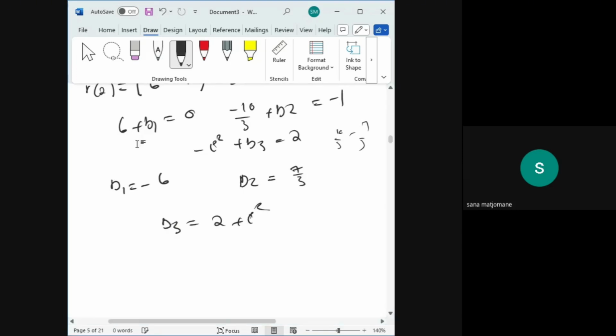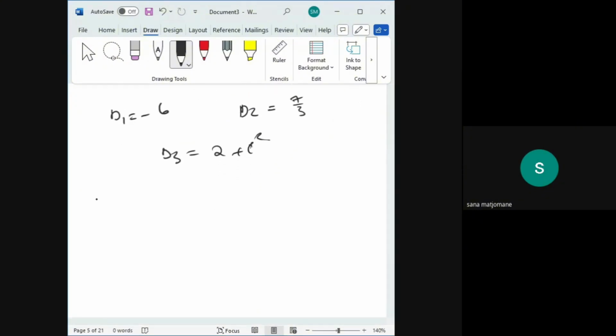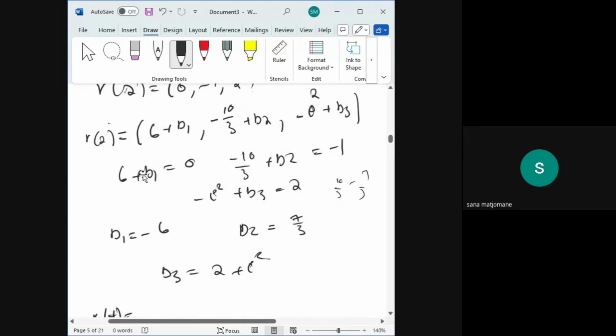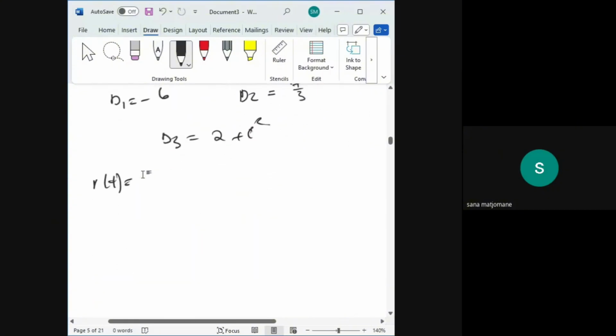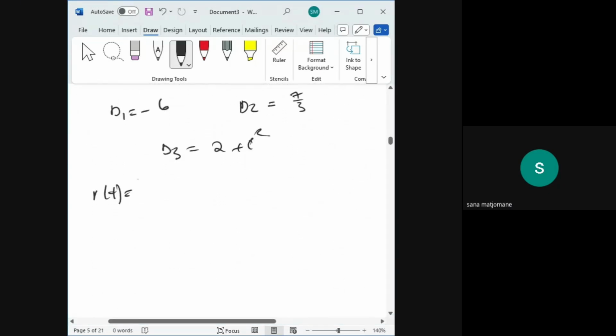So now I'm going to rewrite my position vector equation. So my r at t, now I just substitute the constants. It's going to be t squared plus t plus, guys, don't forget we are trying to find constants and you must come back to this equation. So this is going to be t squared plus t plus 6. We have it now.